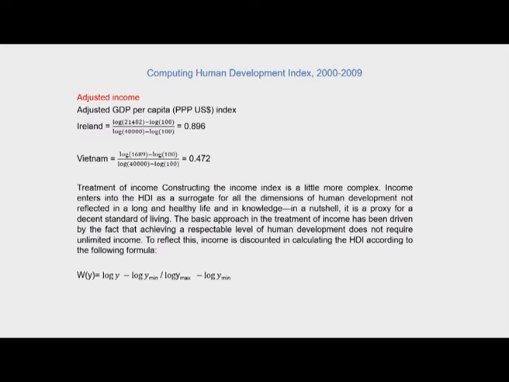So this is the actual value of Ireland. So log of the income minus the minimum log of 100 divided by the log of maximum income value minus the log of 100, that comes to 0.896, and similarly for Vietnam.